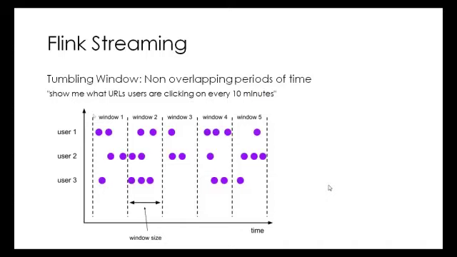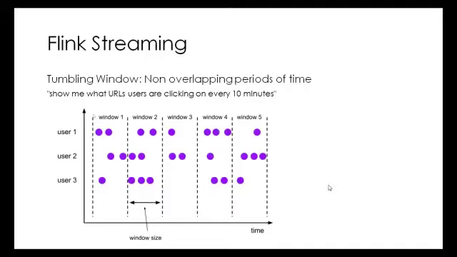You have to remember that the data is probably going to be keyed, because in this case a very natural selection for the key would be the user ID. You want to know what each person is doing when they're using your website, so you get a better idea of user behavior. And you specify what interval you're interested in. It could be every 5 seconds, every minute, every hour.